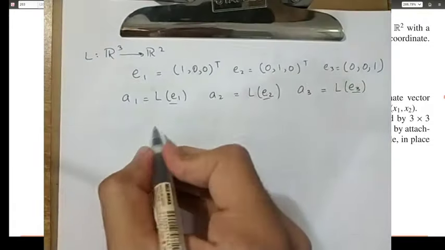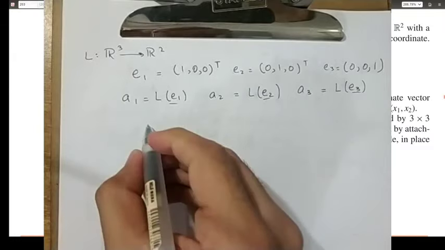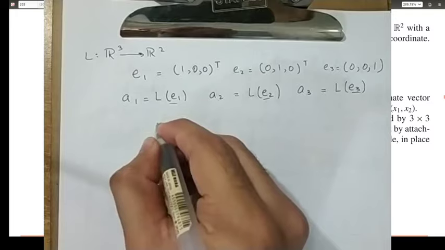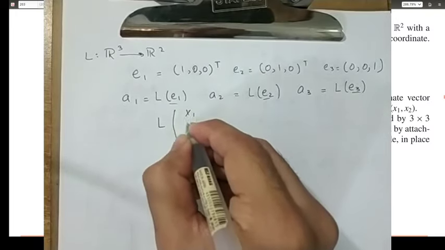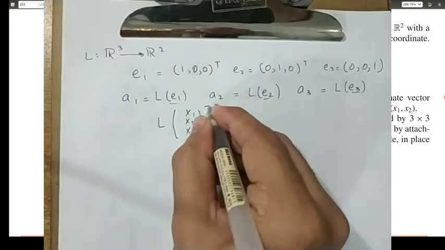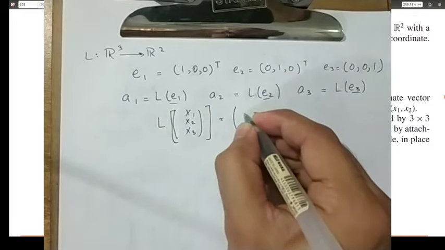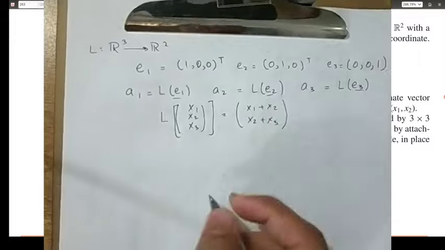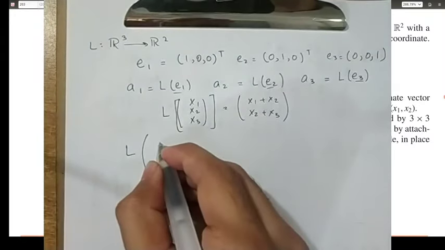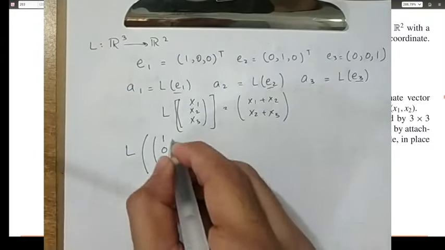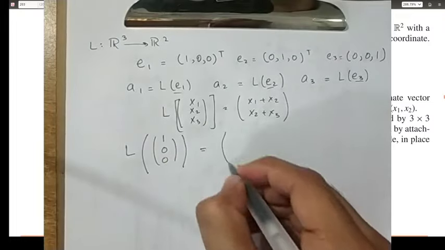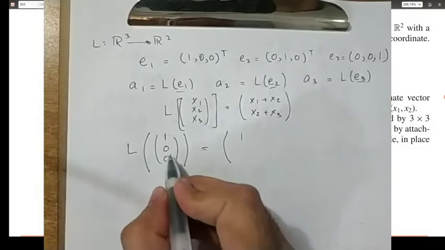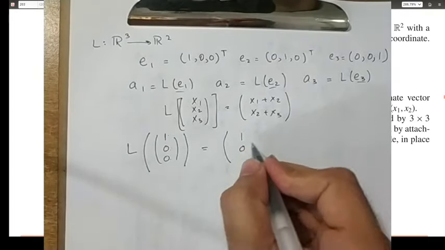So what I need to do is figure out what happens to these vectors. Let's write down the transformation again. The transformation was that x1, x2, x3 is mapped onto x1 plus x2 and x2 plus x3. So when I apply this on 1, 0, 0, the result is 1 plus 0 is 1, and 0 plus 0 is 0.